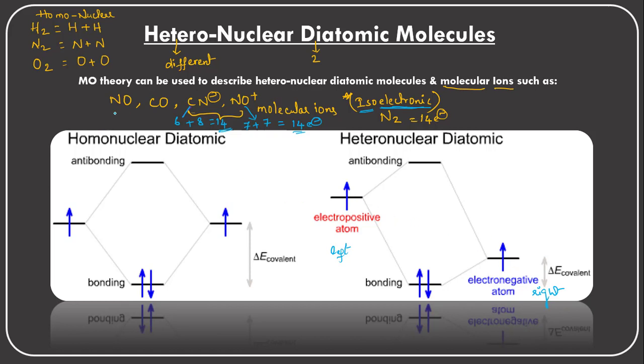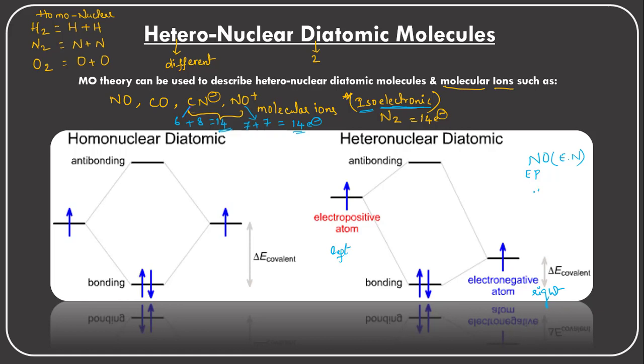If we take one example, nitrogen monoxide, which is the electropositive atom and which is the electronegative atom? Obviously nitrogen is the electropositive atom, and oxygen is the electronegative atom. These things we have to know.